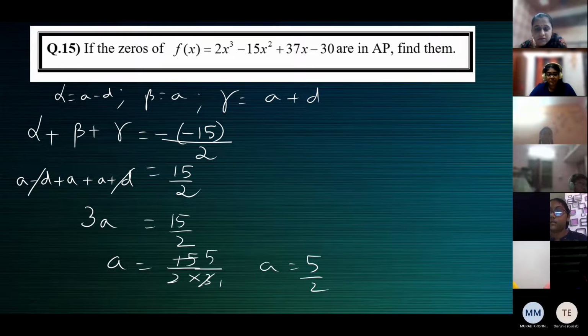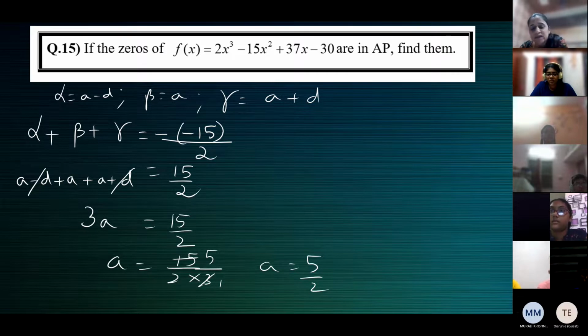See, what is the question? We have to find the zeros. We need to find the values of alpha, beta, and gamma. We found A is 5 by 2.